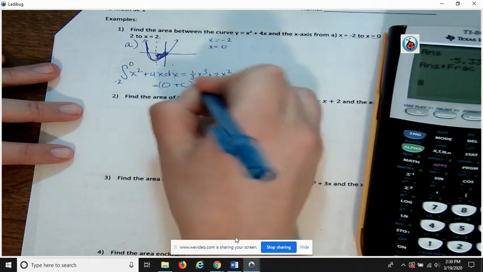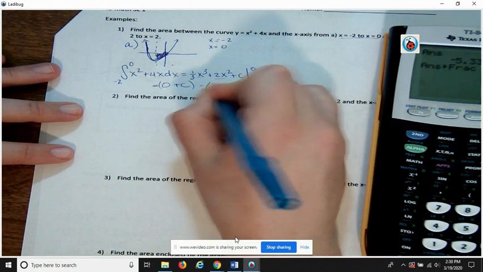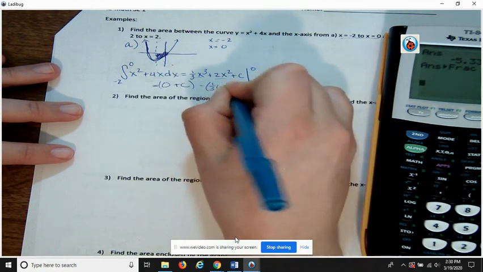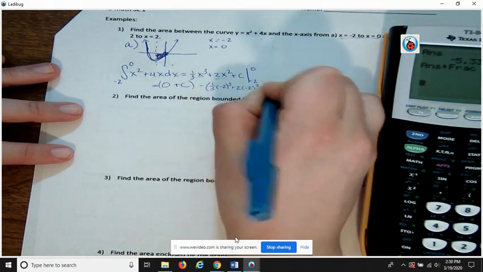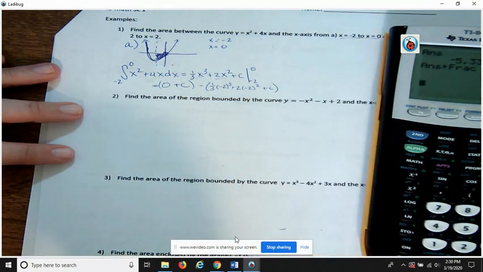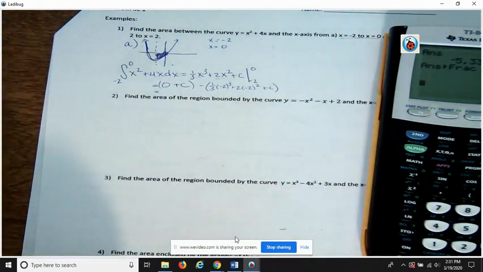And then we would subtract off everything with -2 in it. So we would have 1/3 -2 cubed plus 2 times -2 squared, and then plus c. So you would end up being able to cancel out your c's right away.